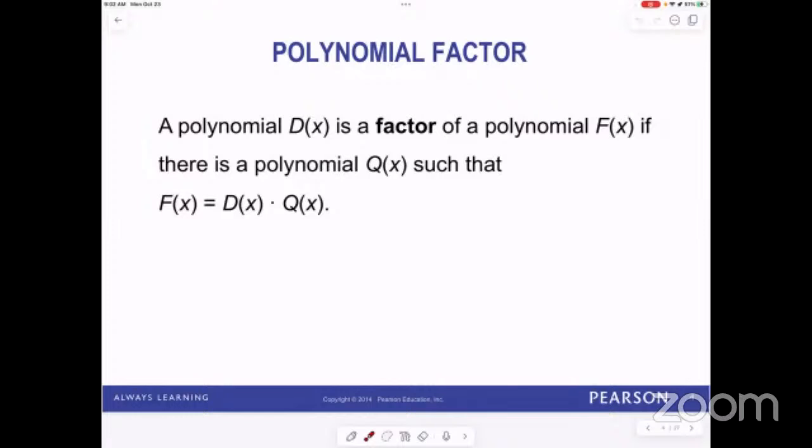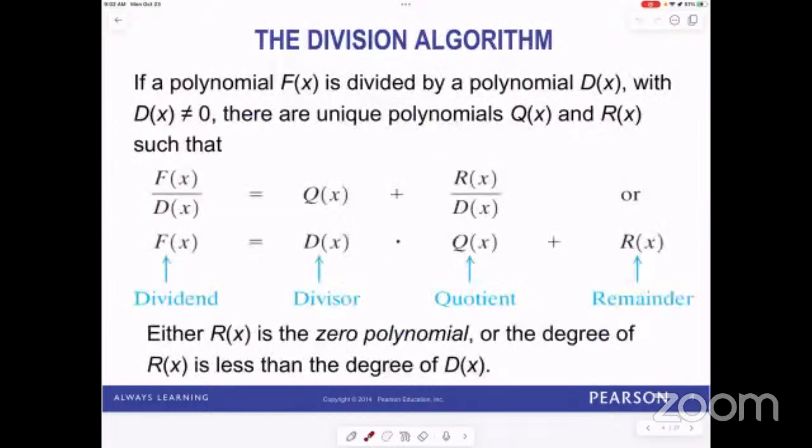If a polynomial f of x is divided by a polynomial d of x, the divisor is d of x, and the quotient is your answer. I'm just trying to straighten out the terminology.